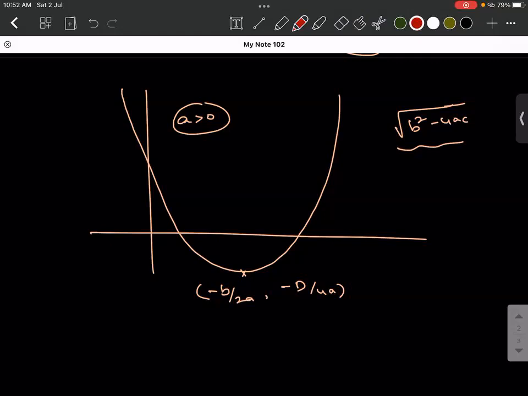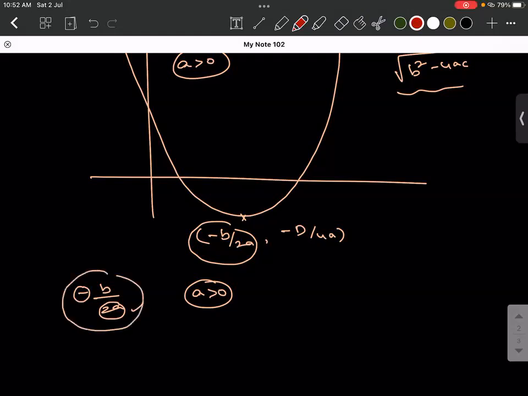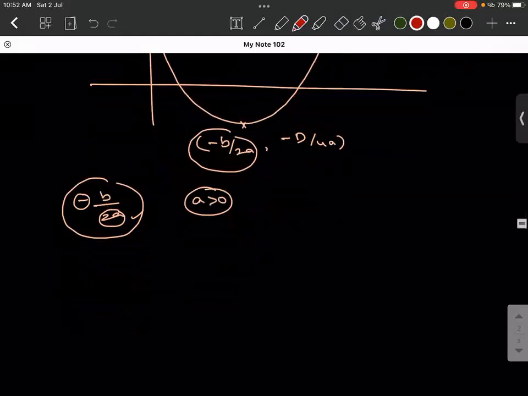Okay. Now if you see, minus b by 2a is here. It is below the x-axis. So minus b divided by 2a. We told a is positive. Listen to my question carefully.